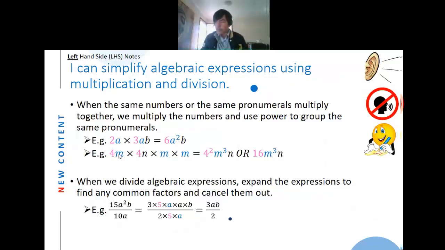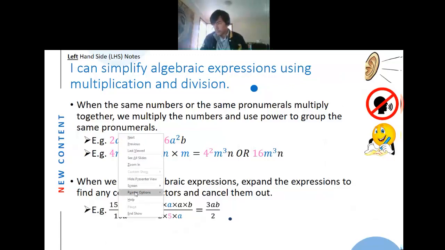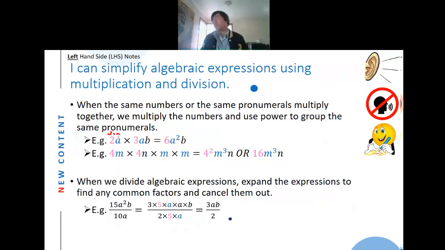Now remember that we can rewrite this as 2 times a. Remember that there is a hidden multiplication sign between the letter and the number.